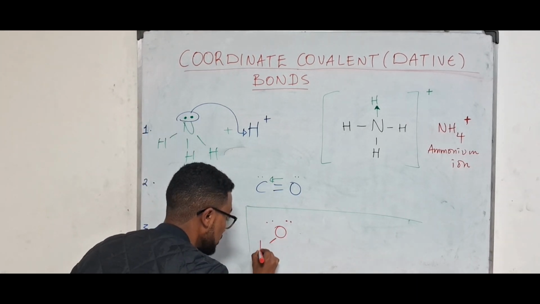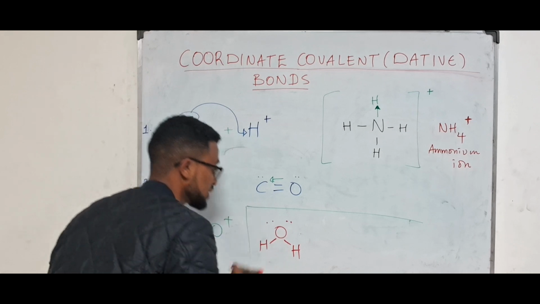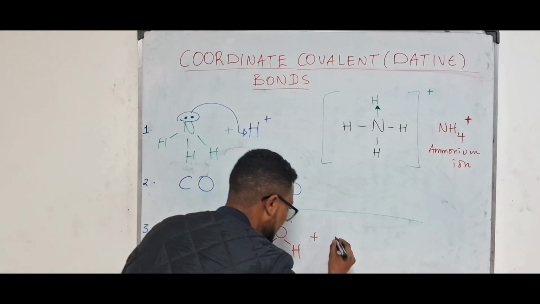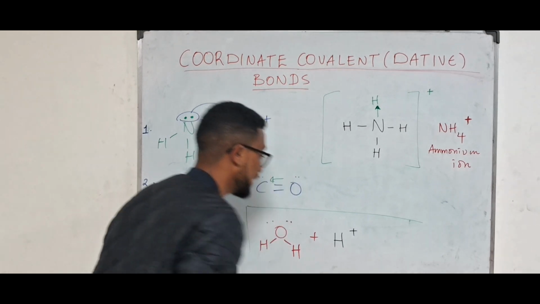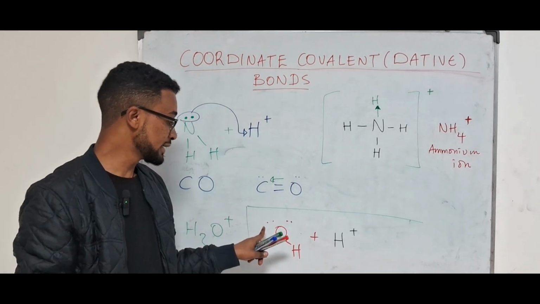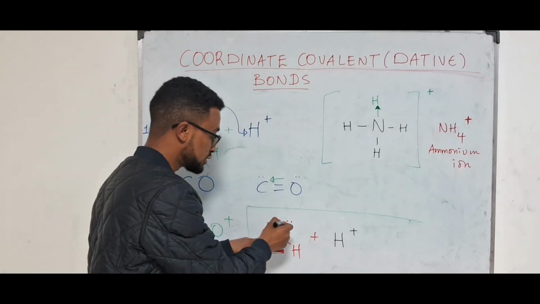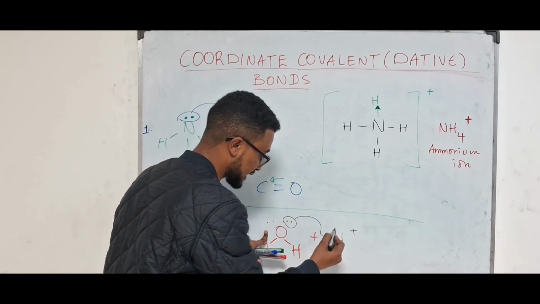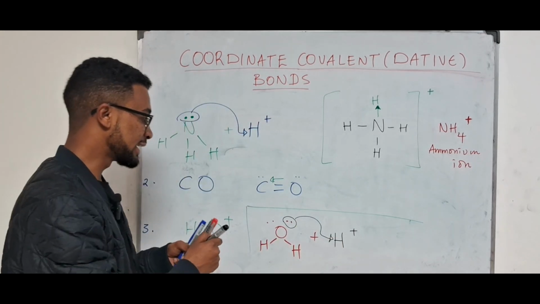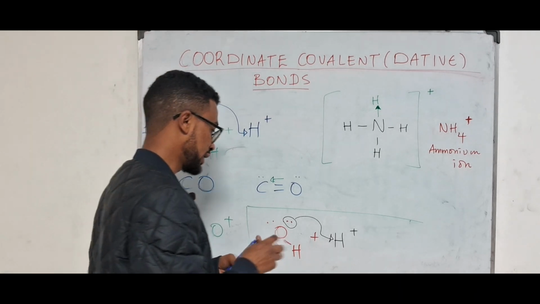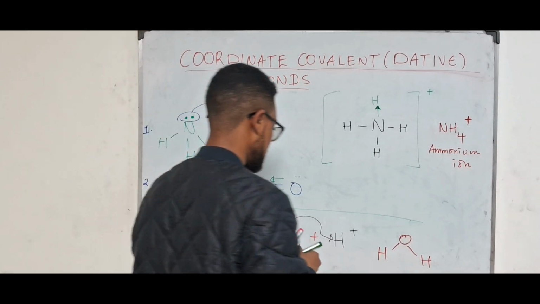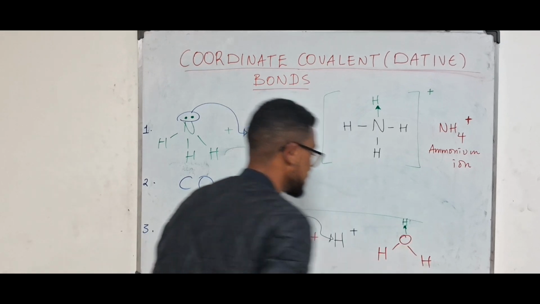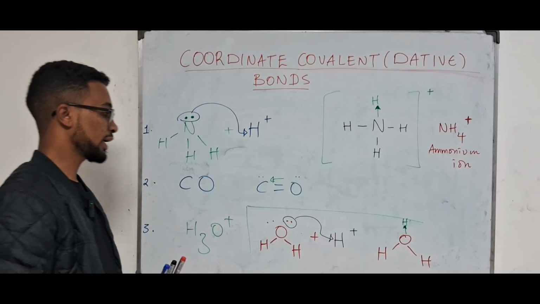We have two lone pairs of electrons around oxygen, and when a hydrogen ion comes across this water molecule, a lone pair of electrons from oxygen will attack this hydrogen, forming a new bond, which we call a coordinate covalent bond. This is our new bond.